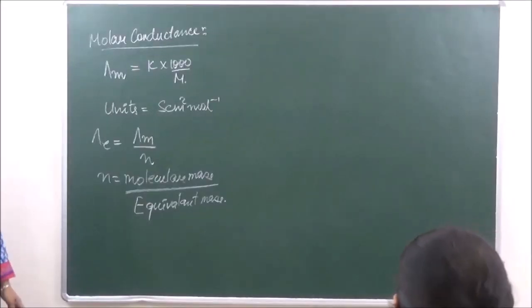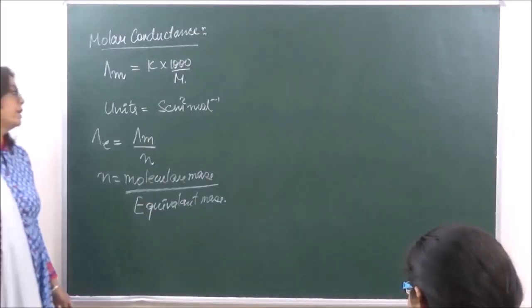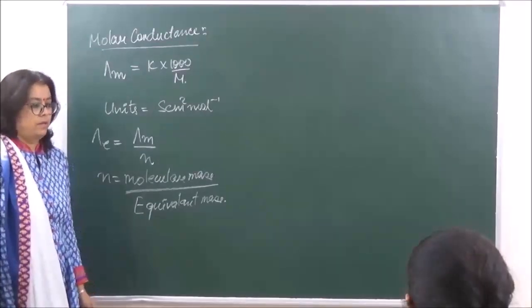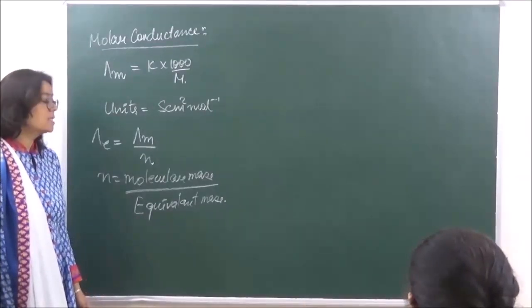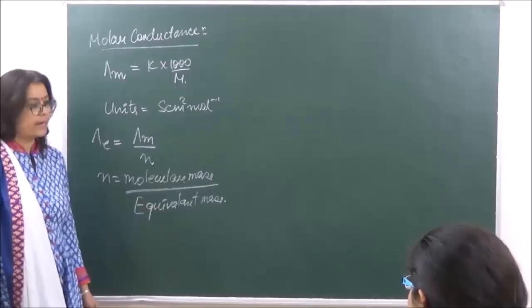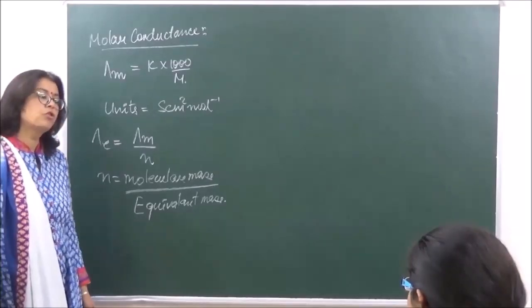So we are going to stop here today. We have to do numericals regarding this, but before that we will go on to Kohlrausch's law, and after that we will do all the numericals together.